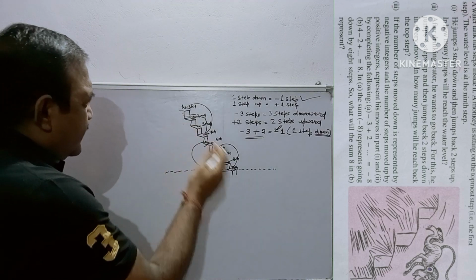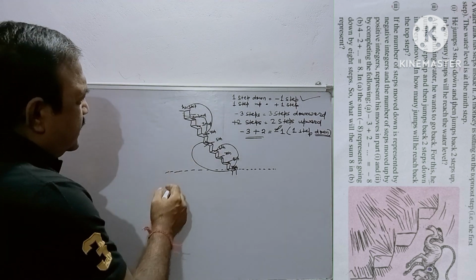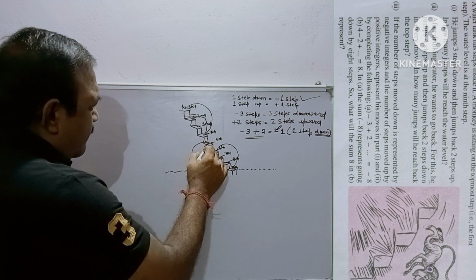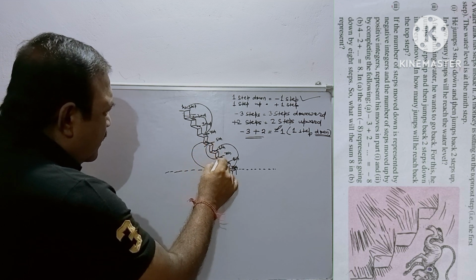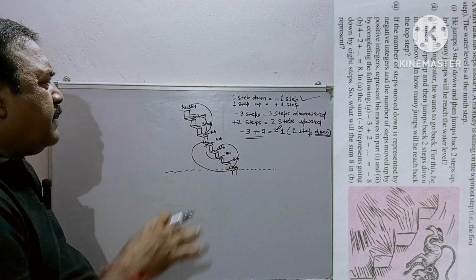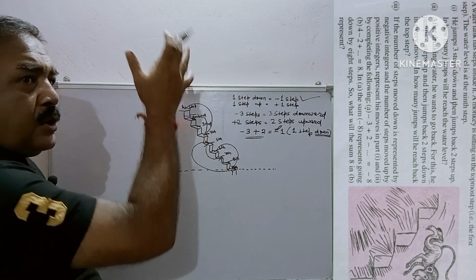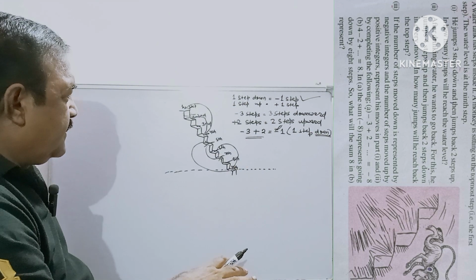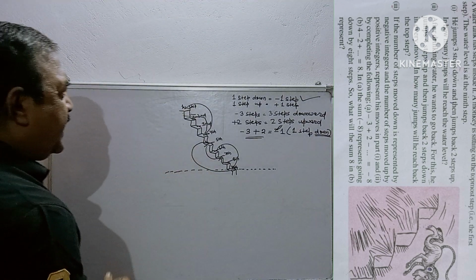So in the next jump, what does the monkey do? He moves from the 5th step to the 7th step because he jumps back 2 steps down. So 4 steps up, 2 steps down. This is the case. So you see what is happening here.